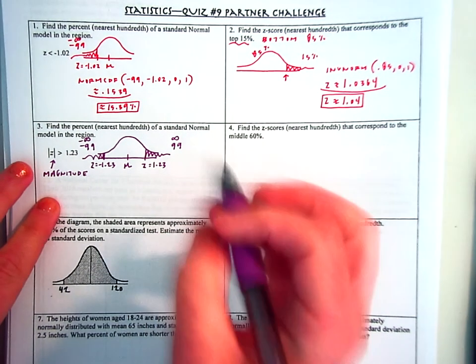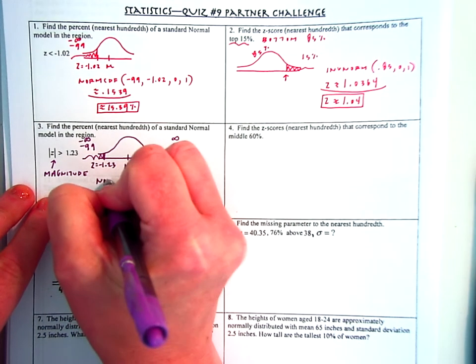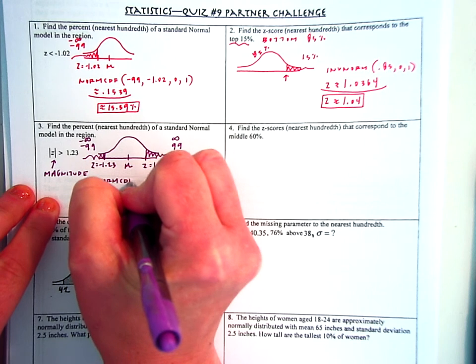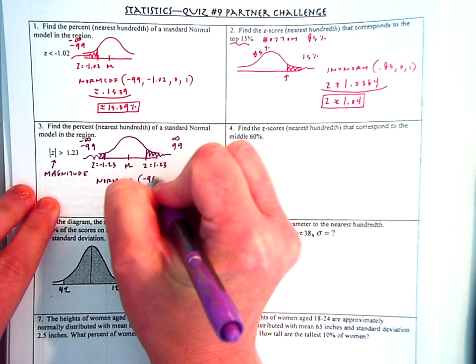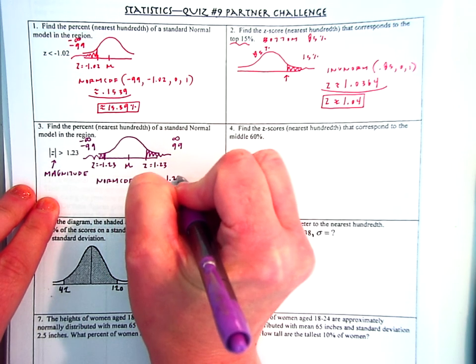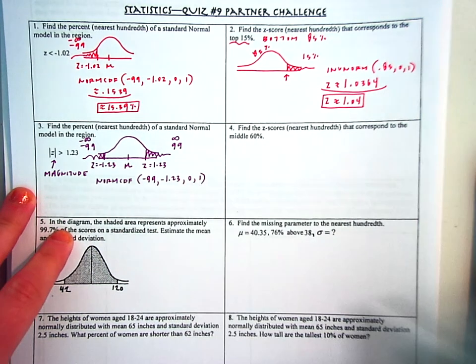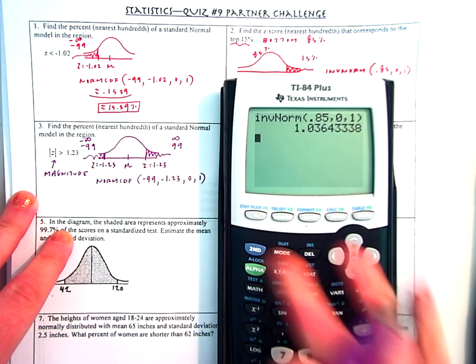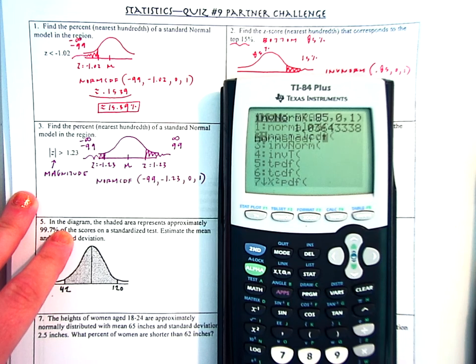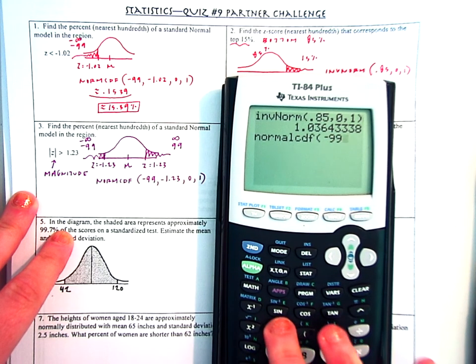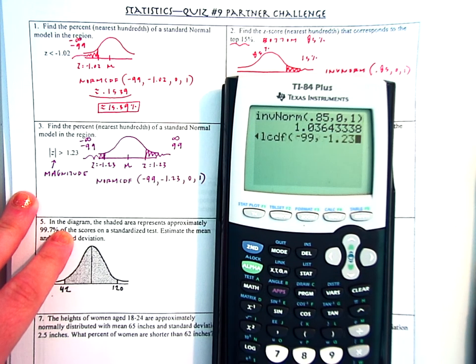So I'm going to do normal CDF from negative 99 to negative 1.23, mean is 0, standard deviation is 1. Once I get this, I'm just going to double it. So normal CDF, negative 99 up to negative 1.23, mean of 0, standard deviation of 1.